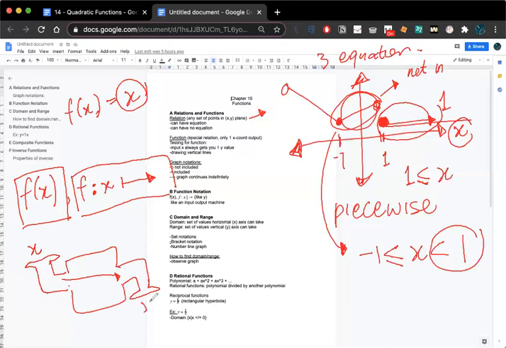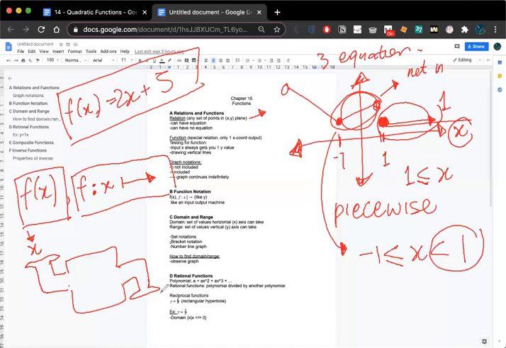So you have input and then you have output. Okay, since this is not very clear, let's have the example of this function as 2x plus 5. So if you insert x in, then the result that comes out would be 2x plus 5.